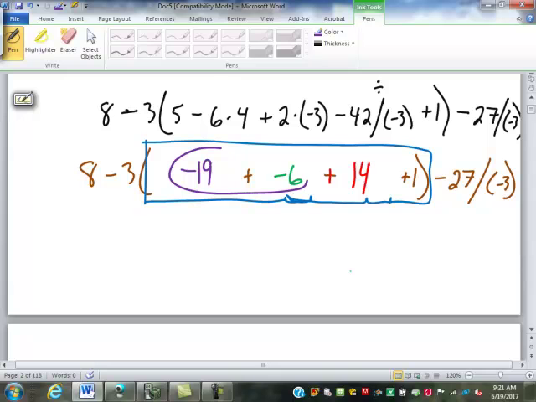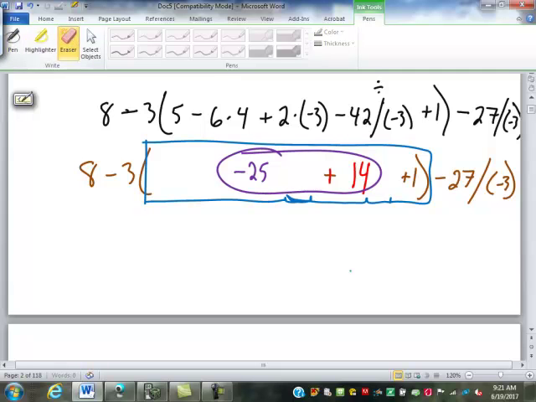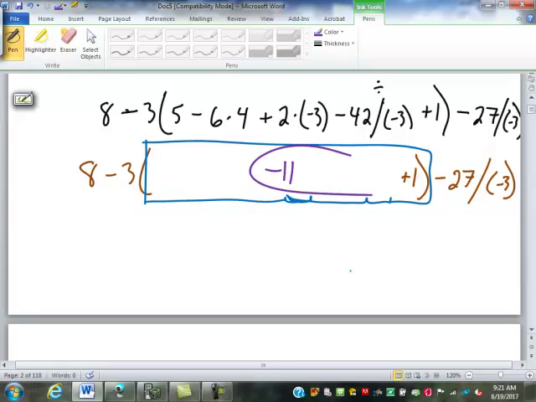Negative 19 plus a negative 6 is negative 25. Negative 25 plus 14 is negative 11. Negative 11 plus 1 is negative 10.